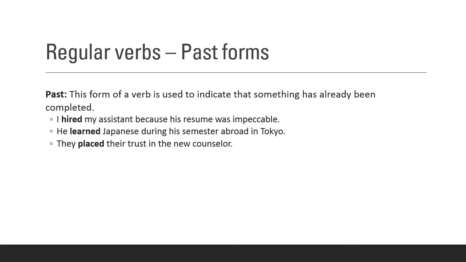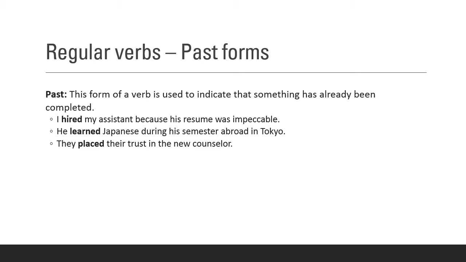Now past form of a verb is used to indicate that something has already been completed. I hired my assistant because his resume was impeccable. He learned Japanese during his semester abroad in Tokyo. They placed their trust in the new counselor.